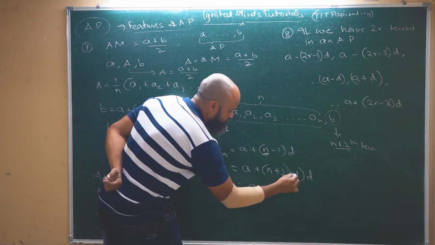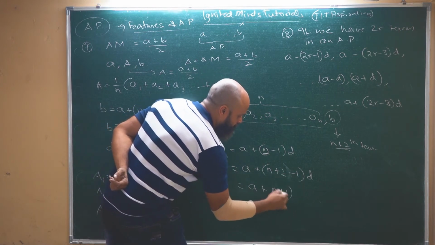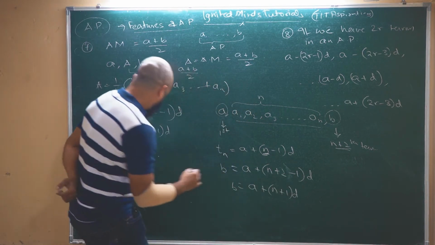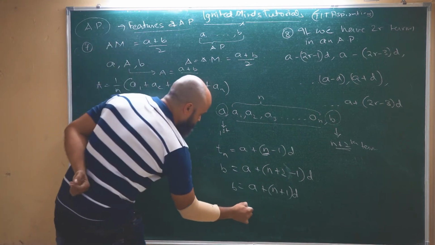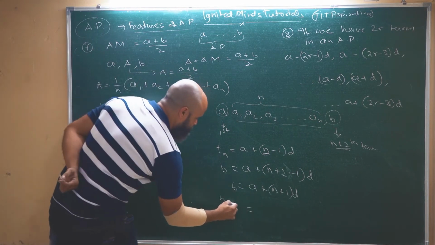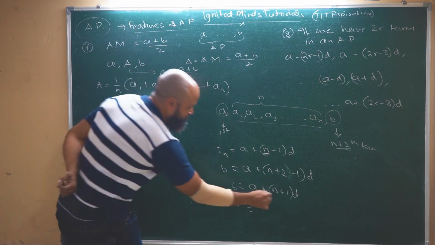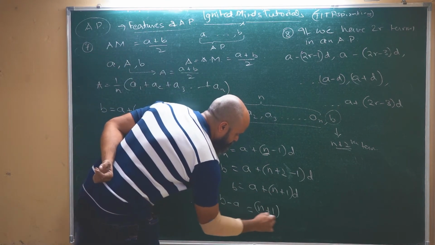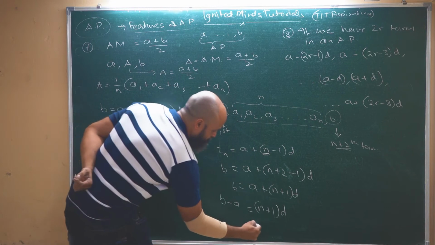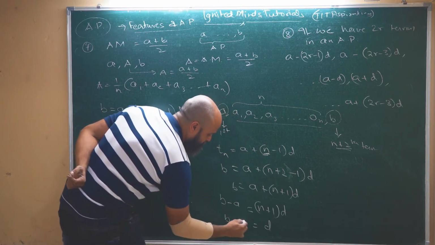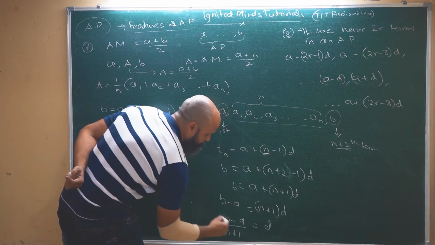A plus n plus 1 into D. If we bring this A to this side, then B minus A is equal to n plus 1 into D. So D becomes B minus A upon n plus 1.